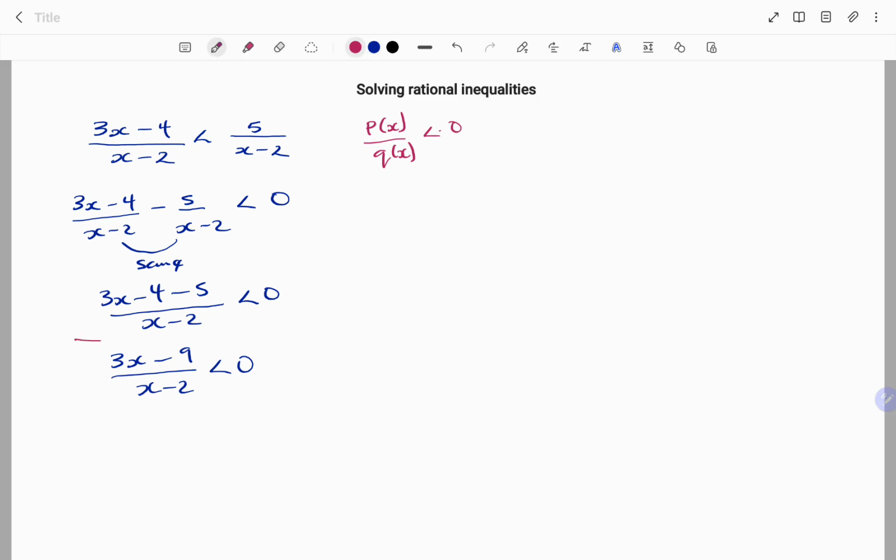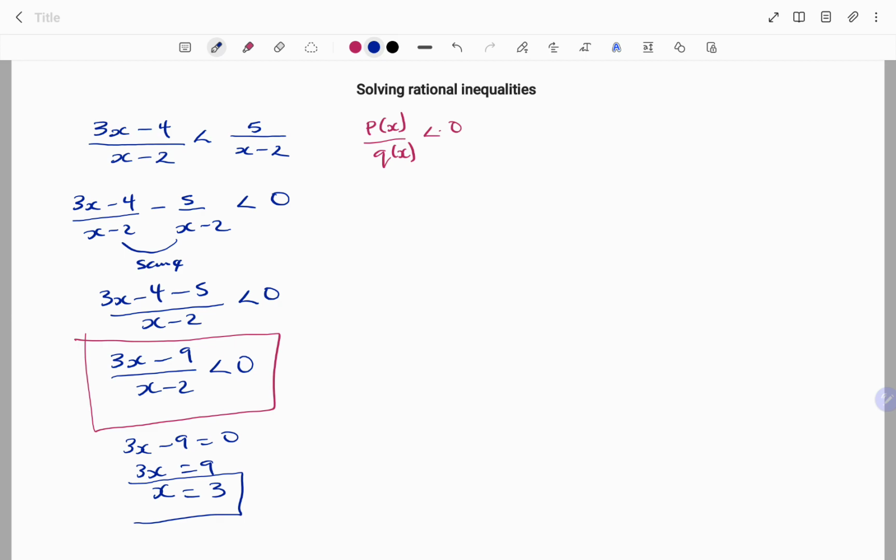So we are going to be working with this inequality. The second step says equate p of x to 0 and q of x to 0 to get our solutions. So p of x here is our 3x minus 9 equals to 0. We have 3x equals to 9. Therefore, x equals to 3. That's one solution.